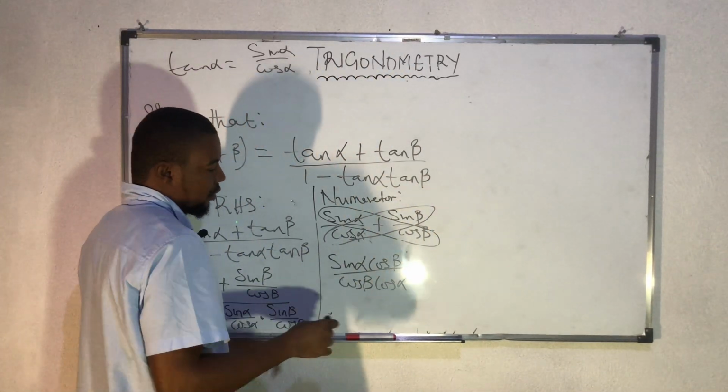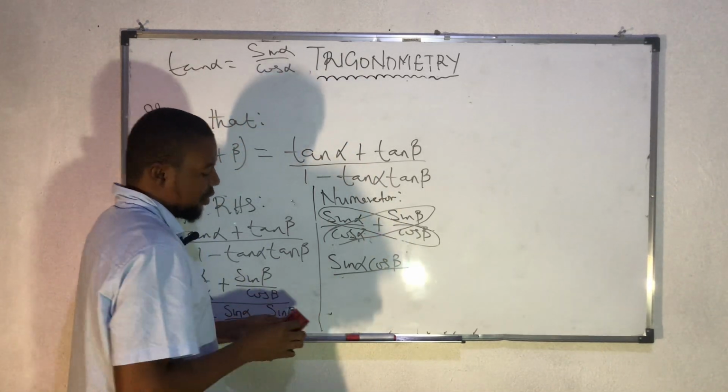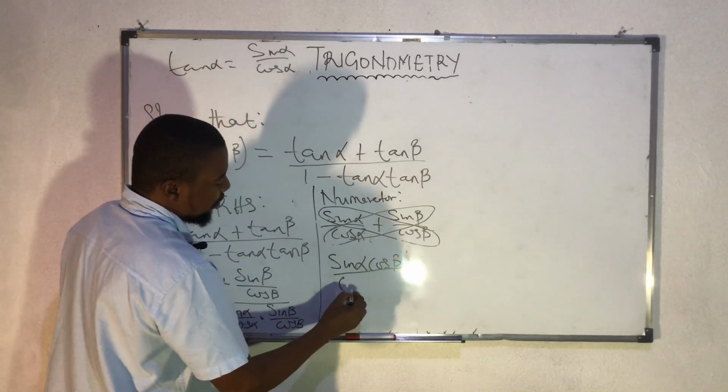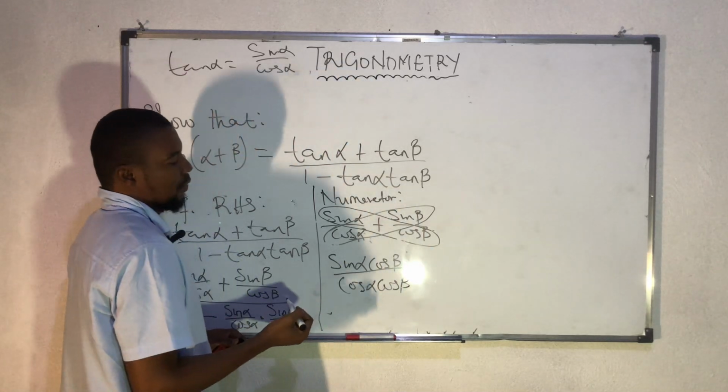It does not really matter, but I think it's better I say cos alpha cos beta. So cos beta multiplied by cos alpha will give you cos alpha cos beta.